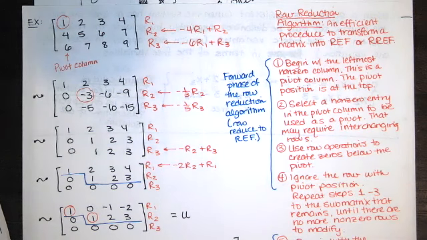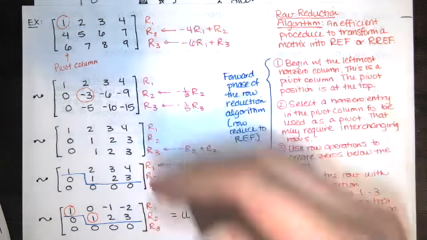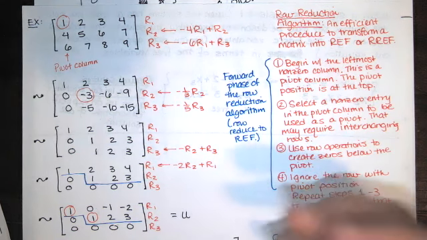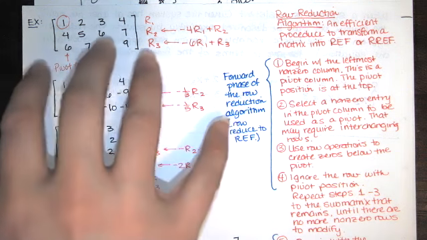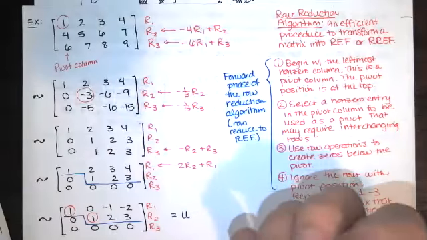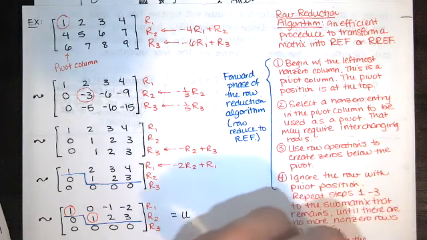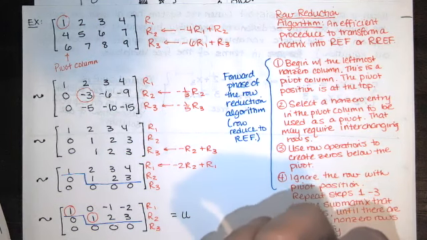But I want you to remember that whenever you're using this row reduction algorithm to write a matrix in either row echelon form or reduced row echelon form, you are manipulating the coefficients and the right-hand side of each of those equations in much the same way that you would if you were multiplying equations by constants and adding them together.